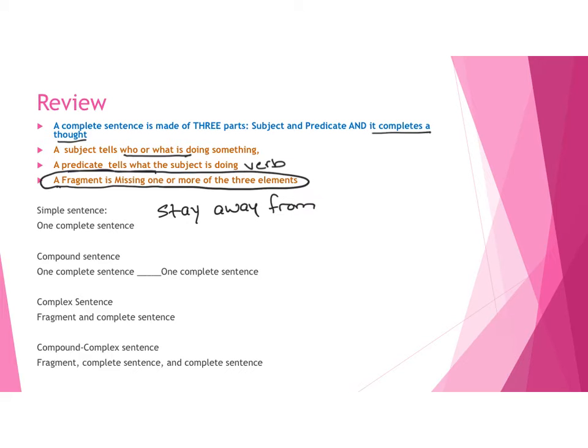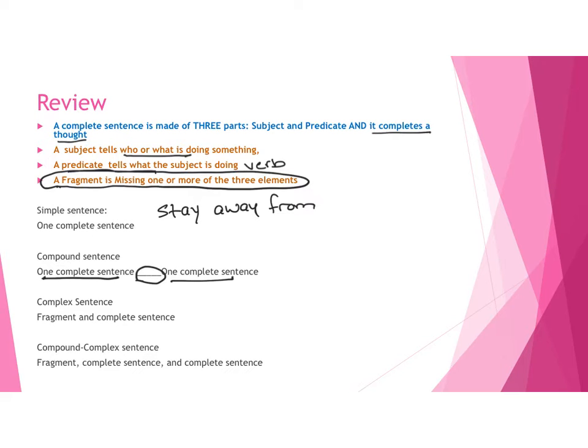Okay, simple sentence is one complete sentence. Okay, compound sentence is one complete sentence, and then it's combined with something, and I'll show you on the next slide what that something is, and then another simple sentence.